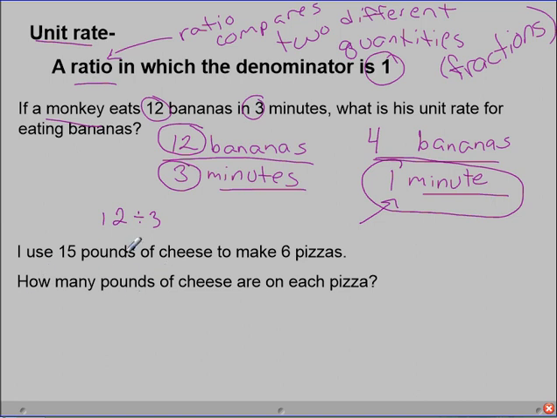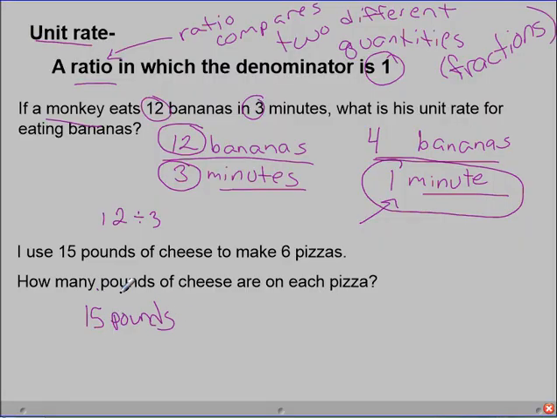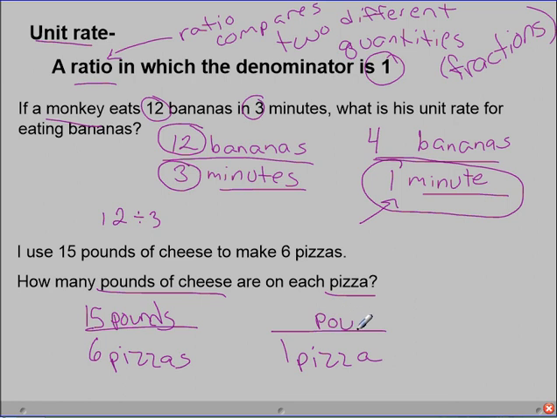So here, I use 15 pounds of cheese to make 6 pizzas. I'm going to set up my ratio. 15 pounds of cheese, because I'm asking how many pounds of cheese are on each pizza, for 6 pizzas, and I want to find out the amount of cheese on 1 pizza.